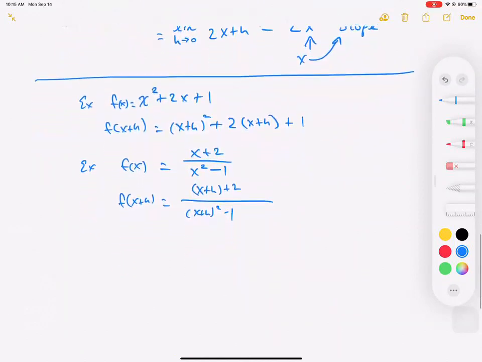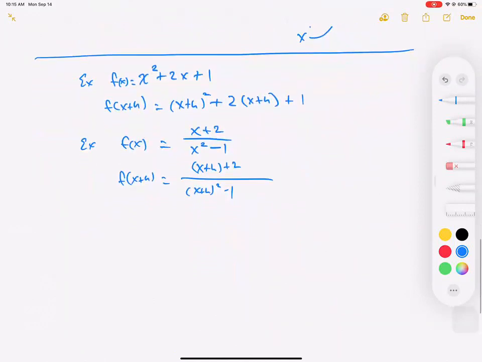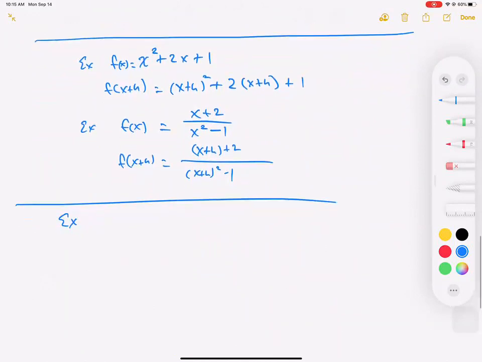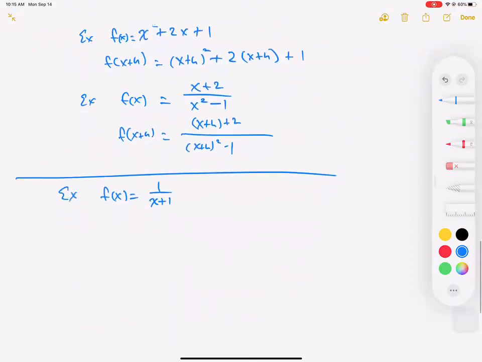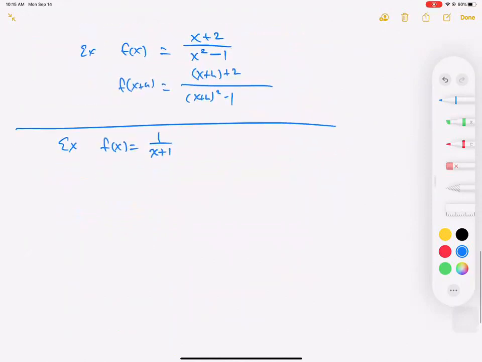Okay, let's look at another example. So what happens if this looks like a fraction like we just showed? Let's use an easy example. f of x is equal to 1 over x plus 1. Let's see what happens here. My original f of x, we already wrote that.